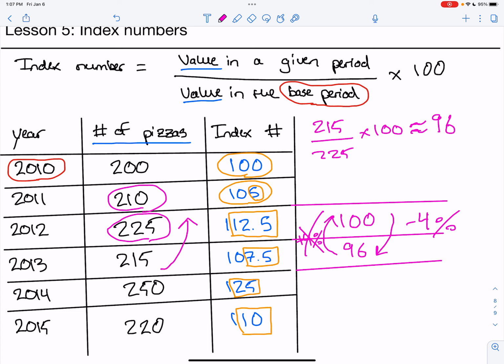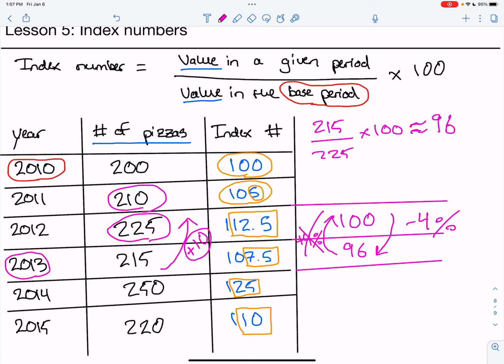If we're going backwards in time now, there's an increase of 10 pizzas, but those 10 pizzas do not represent 4% of 215. What do we have to do? Well, if you said we have to make 2013 the base here, then you are right. All right? So the conclusion is simply this.